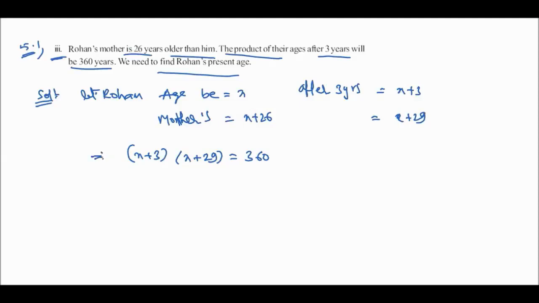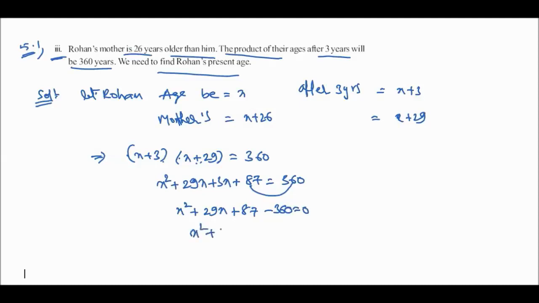So x into x, x square, plus x into 29, 29x, plus 3 into x, 3x, plus 3 into 29, 87, is equal to 360. Taking 360 to the left, x square plus 29x plus 87 minus 360 is equal to 0.